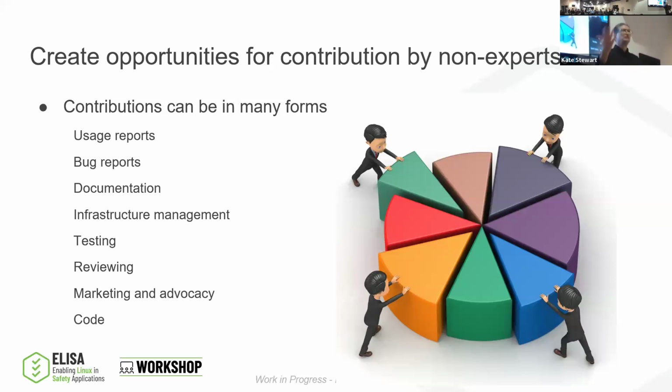And it's like, why would you do that? But if nobody upstream knows that you have that requirement, they can't help you out. And so usage reports, even, tell people how you're using it, or allow people to tell you how they're using it. Give bug reports, infrastructure management.